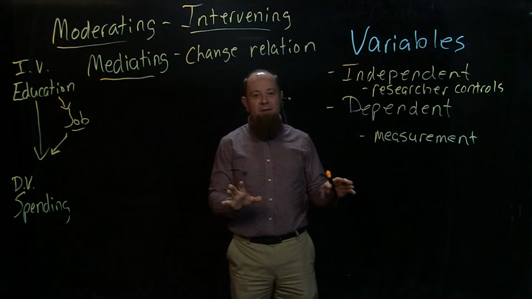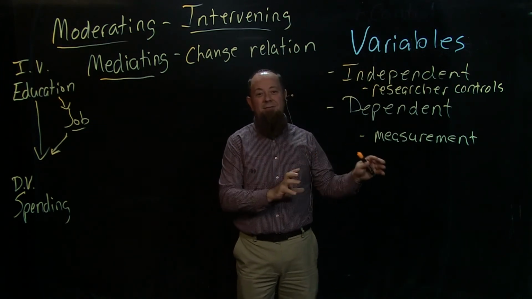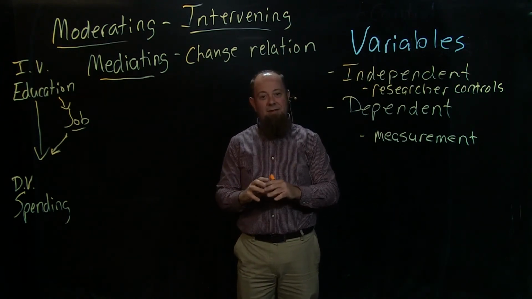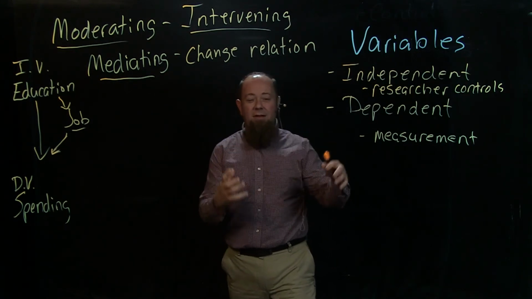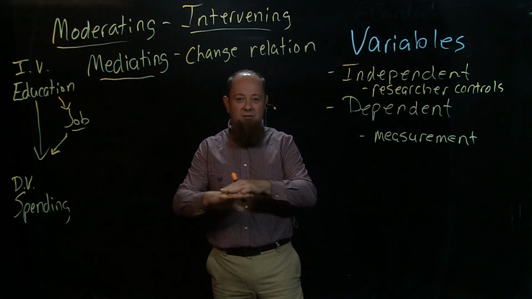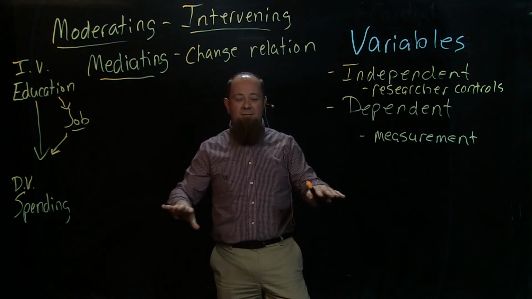You look for intervening variables, and you look for ways to safeguard your study against intervening variables, to be able to select participants or select crops or select whatever in a way that distributes these mediating and moderating variables evenly.